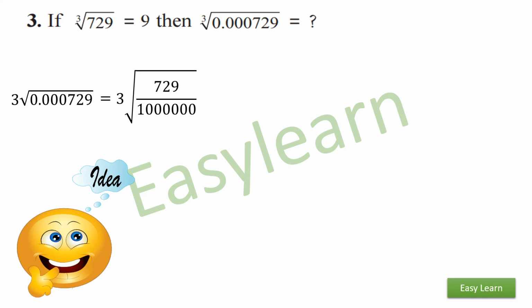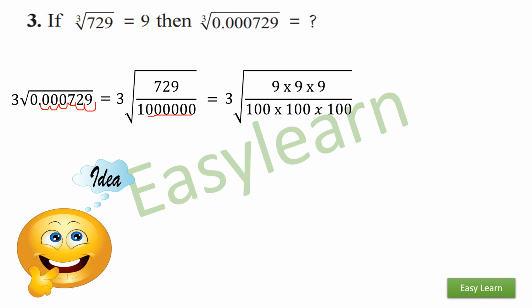Shift the decimals and you get here, 1, 2, 3, 4, 5, 6 decimals we have to shift. So we write 6 zeros, which is equal to the factors of 729. That is 9, and the factors below are 100. So we get cube root of 9 the whole cube and cube root of 100 the whole cube, which is equal to 9 upon 100.